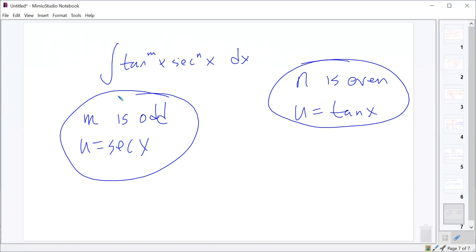And there are some integrals that you want to just know and have memorized, just in case you end up with one where n is odd and m is even.